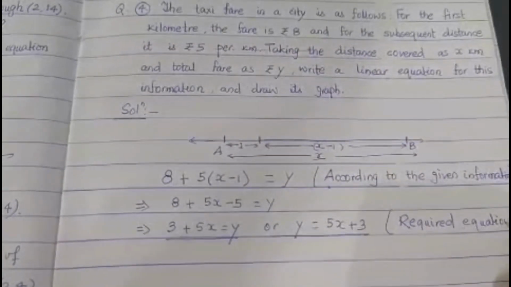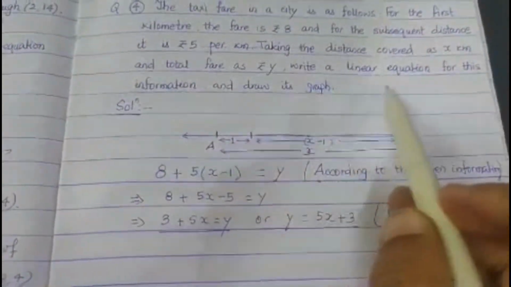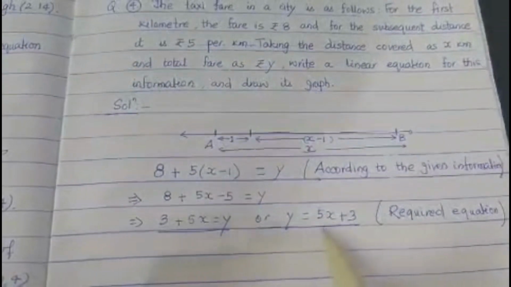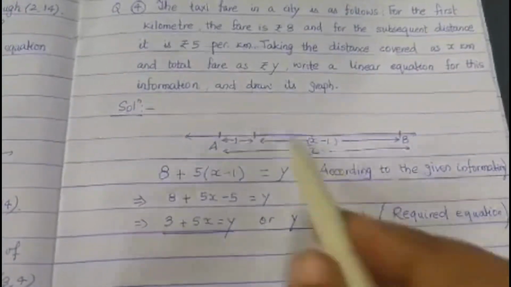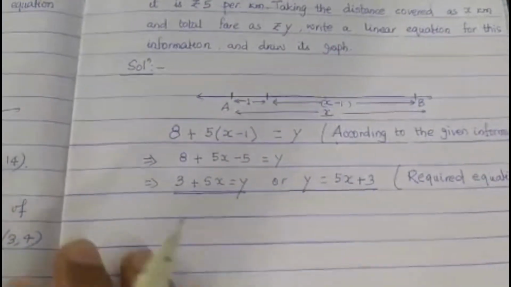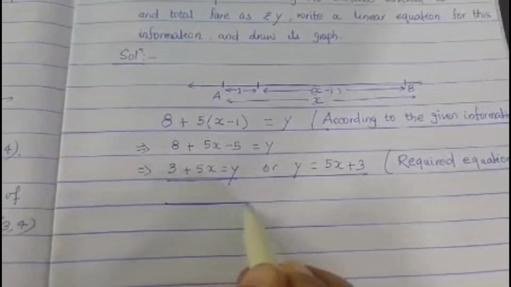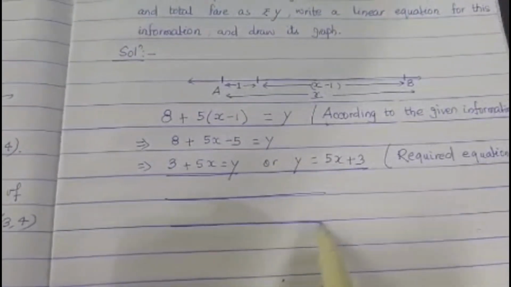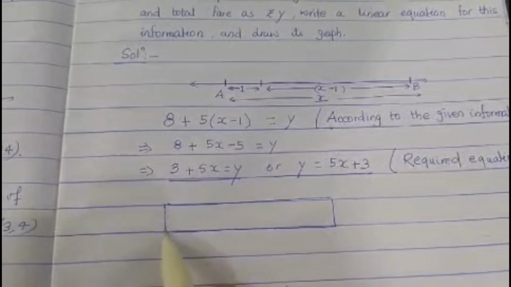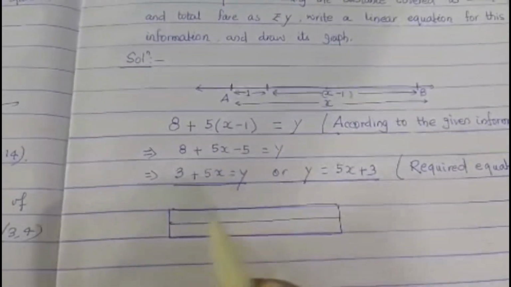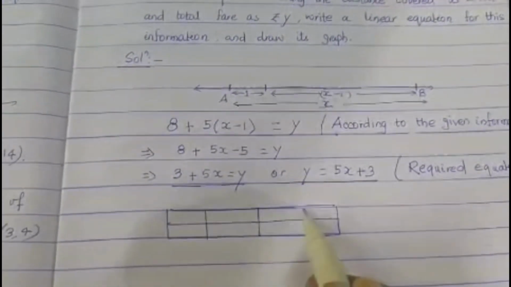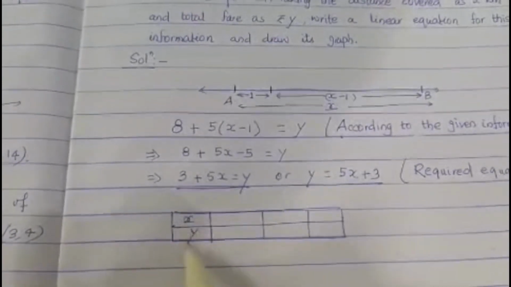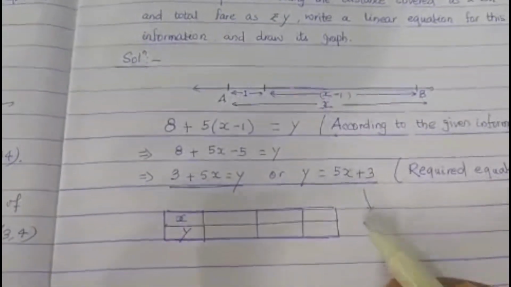a linear equation in two variables. Write a linear equation for this information. So this is the linear equation. Now we have to draw its graph. Okay, let's draw the table first, then we will draw the graph. x and y, we have this one.